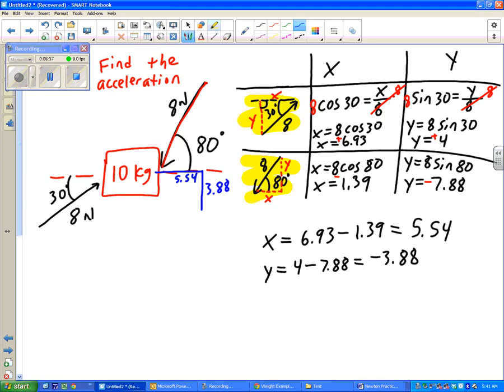It's not quite drawn to scale, but that is the x portion of my answer and the y portion of my answer, and the answer I want is going to be this hypotenuse.